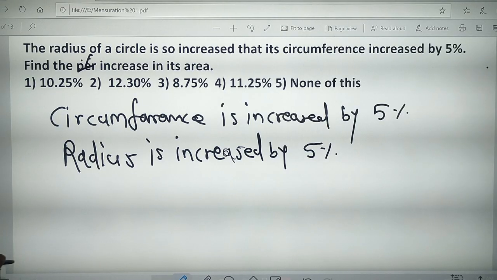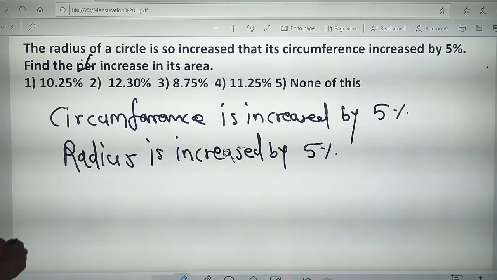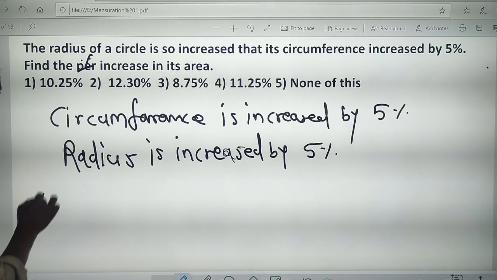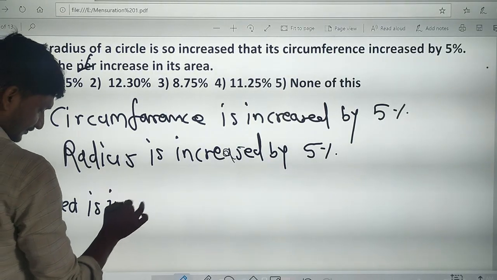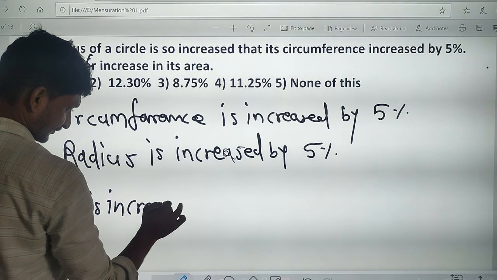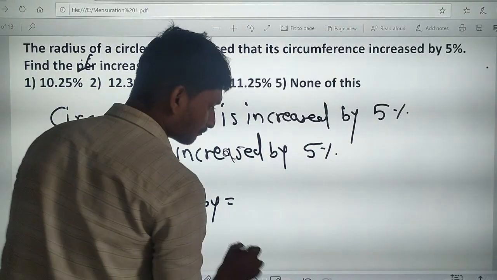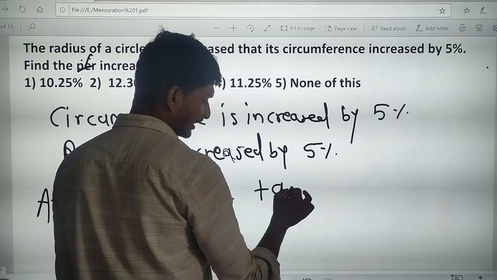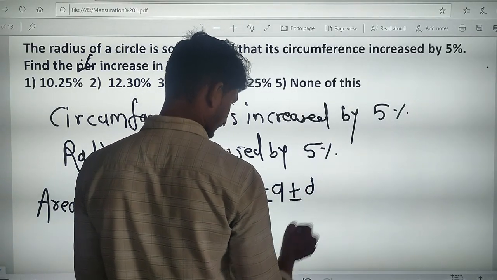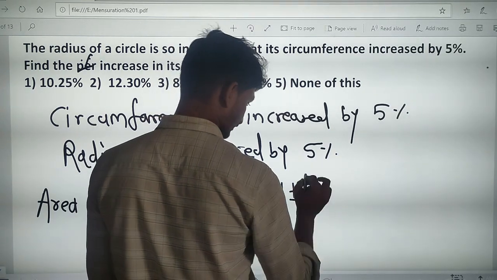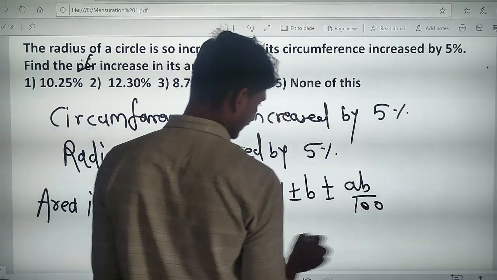Then your area is increased by, we find by the formula: plus minus a plus minus b plus minus ab divided by 100.